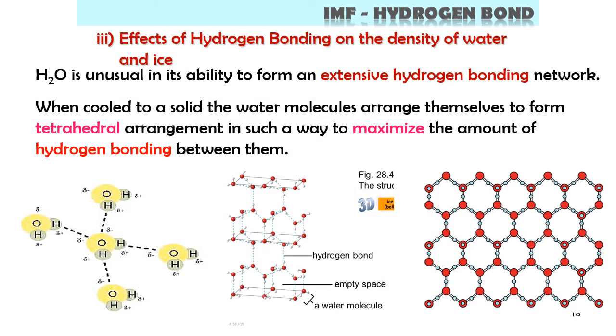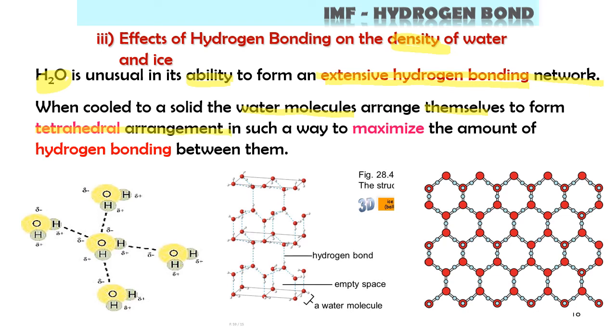Next is the effect of hydrogen bonding on density of water and ice. Okay, H2O, water molecule, is a bit special because of the ability to form extensive hydrogen bonding network. So when cooled to solid, maksudnya ice, water molecule ni, they will arrange themselves to form tetrahedral arrangement.